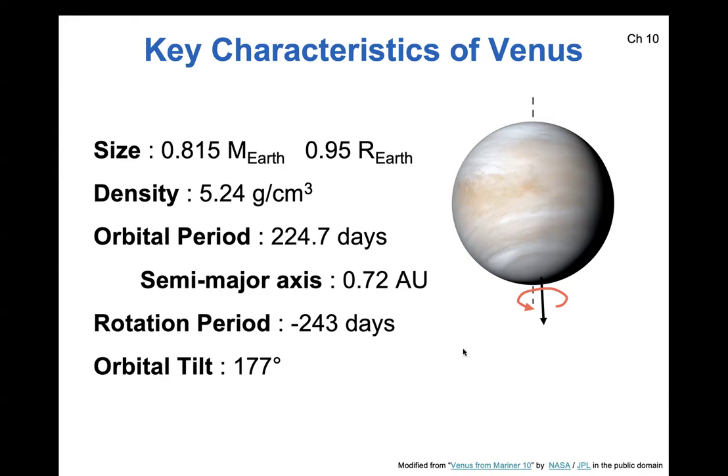The rotation period being negative means it rotates the other way. So everything in the solar system we've talked about rotates counterclockwise. But it's everything except, as the adage goes, the exceptions that prove the rule.